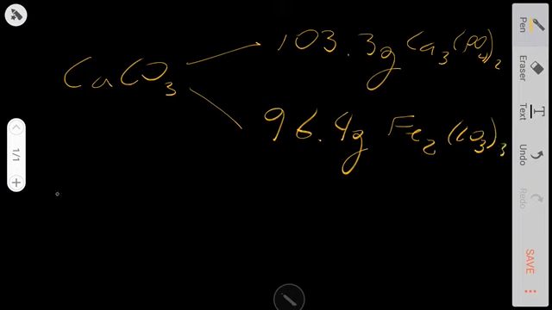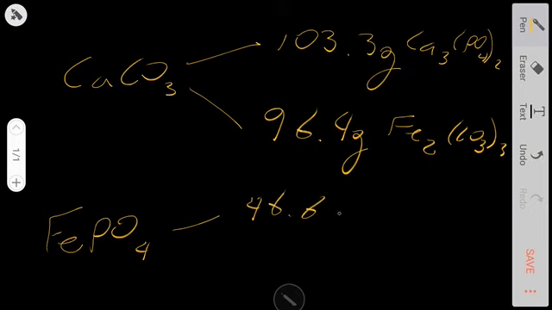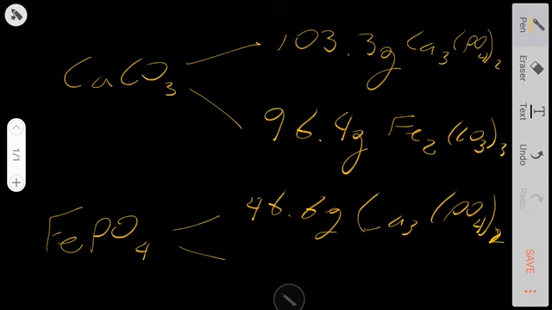And for my other reactant, which is FePO4, I was able to make 46.6 grams of calcium phosphate, that's 2, and 43.5 grams of iron 3 carbonate.